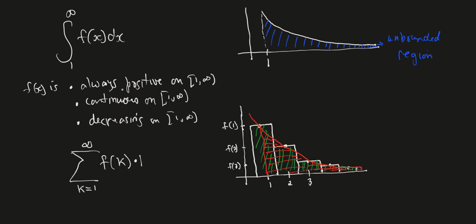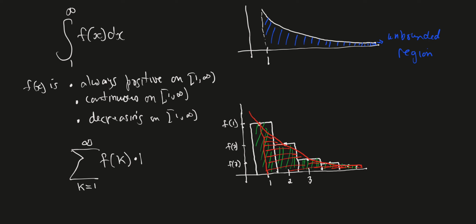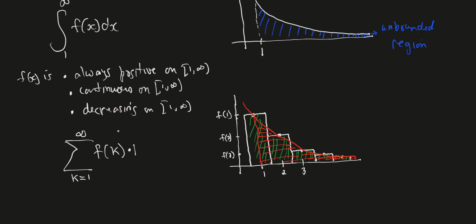So basically what we can say, and this is the last thing I'll write down before I state the theorem, is that the value of the improper integral, whatever it may be, is approximately equal to the value of the infinite series.